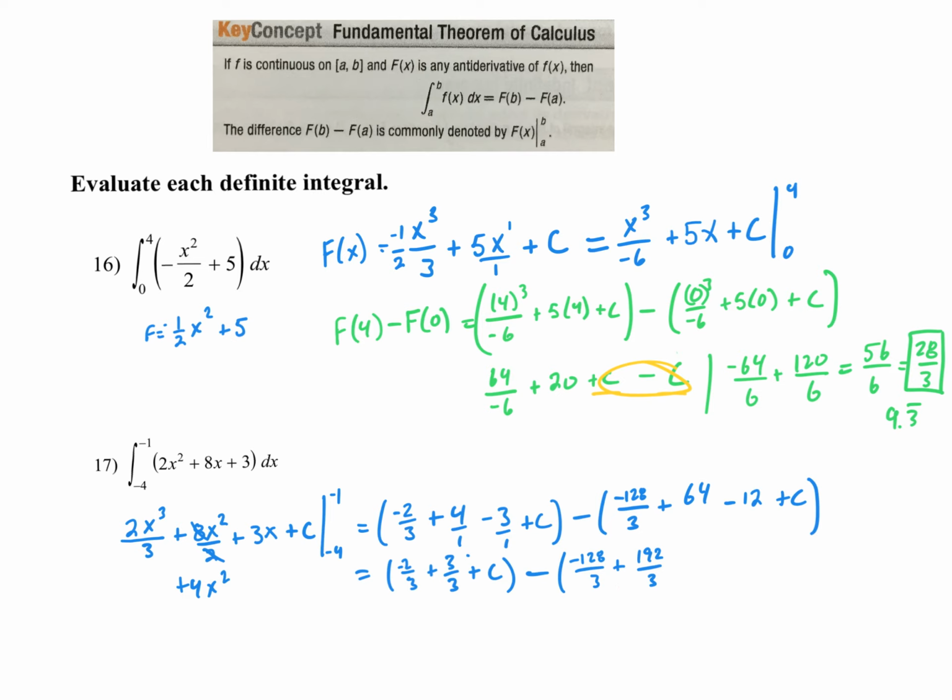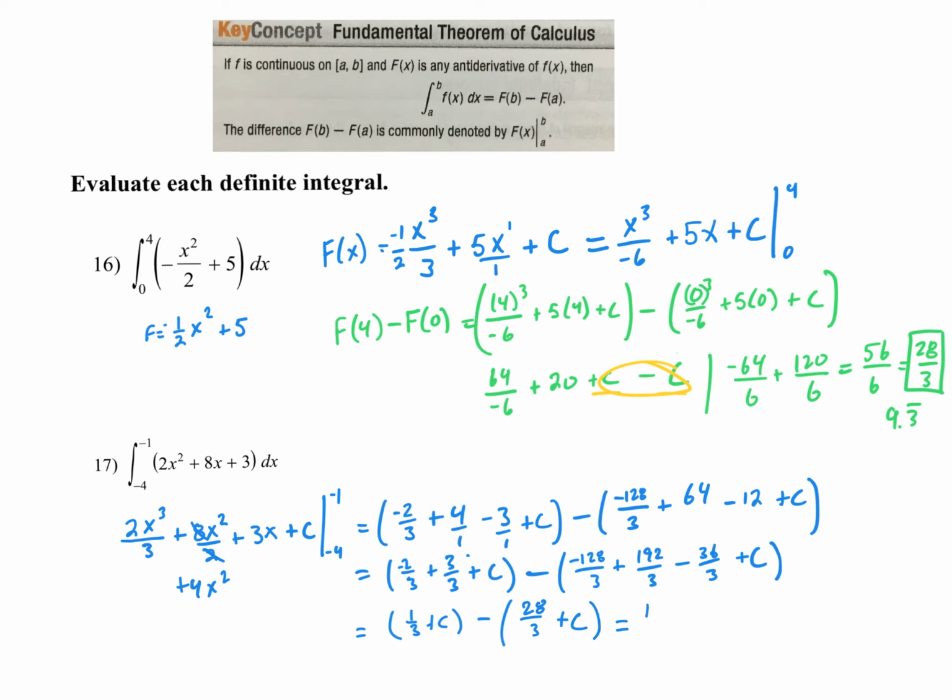And then I'm going to say minus 36 over 3 plus some constant. So I get 1/3 plus a constant over here. Then I'm going to subtract. If I combine the -128, the 192, and the -36 altogether, I get 28 over 3 plus some constant.